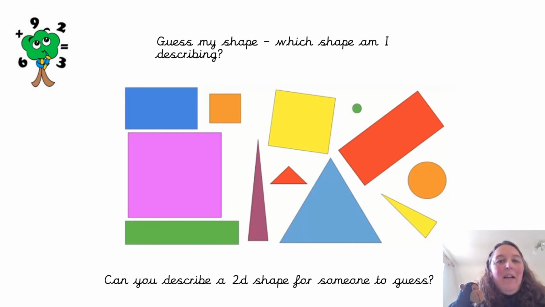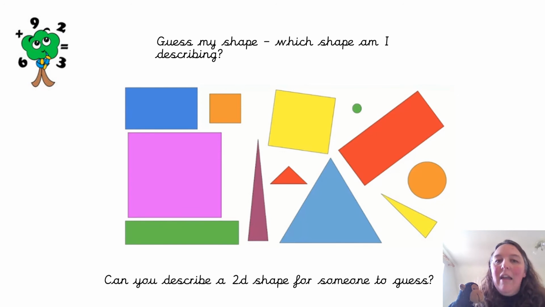So on this slide, me and Maths Monkey are going to describe a shape, okay? You need to guess which shape that we are describing, okay? So let's go. The first shape has 4 straight sides.